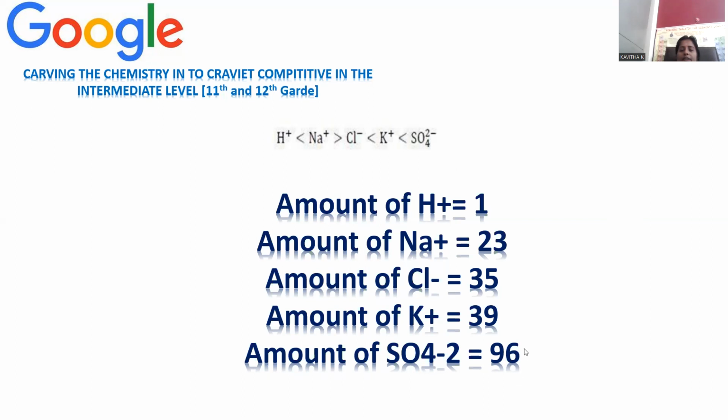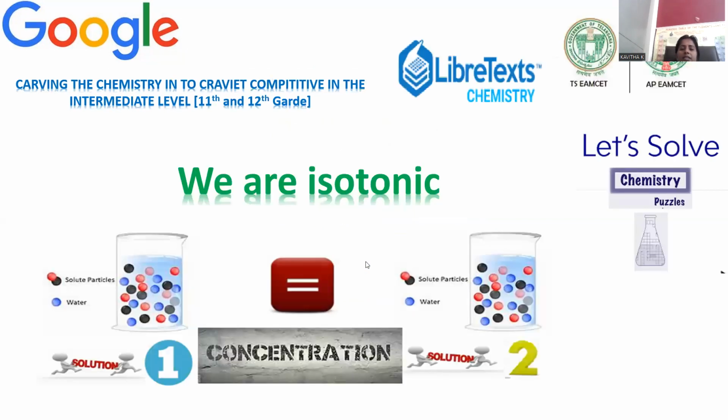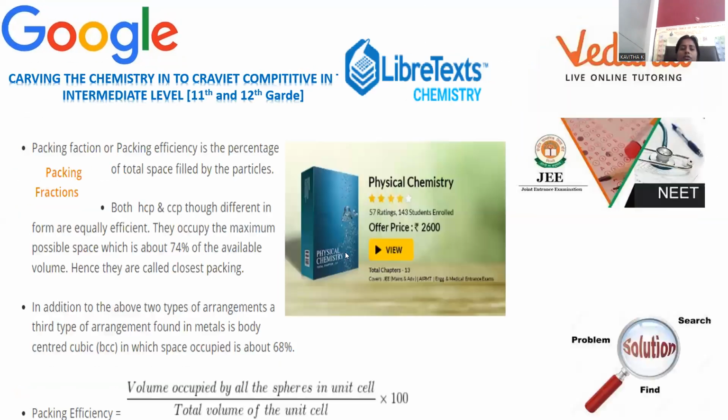The highest will be sulfate, that is 96. This is the right order for the calculation of the amount of ions present in these isotonic solutions.